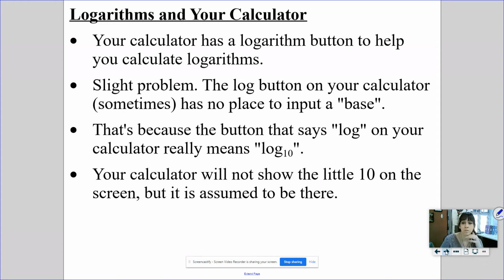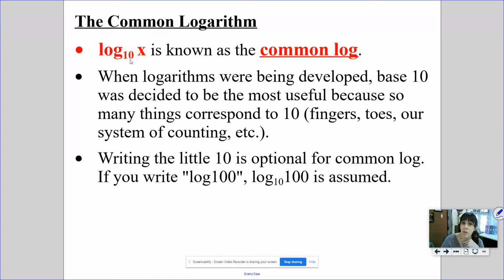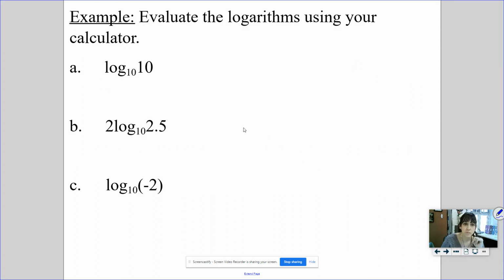It's only for base 10. Log base 10, by the way, is called the common log. Again, the reason for that is our numerical system. A lot of things that we deal with in everyday life are based on tens. So it makes sense that we would want something to have a base 10 to represent that.